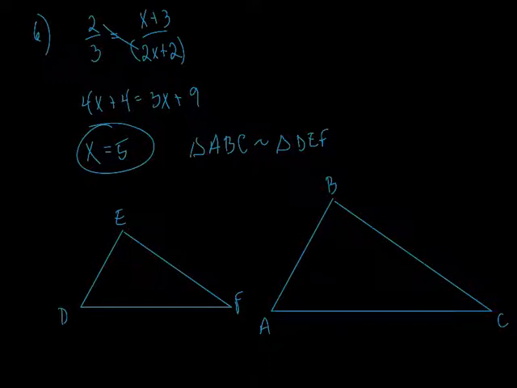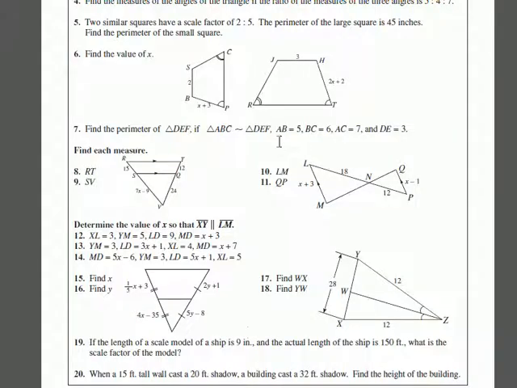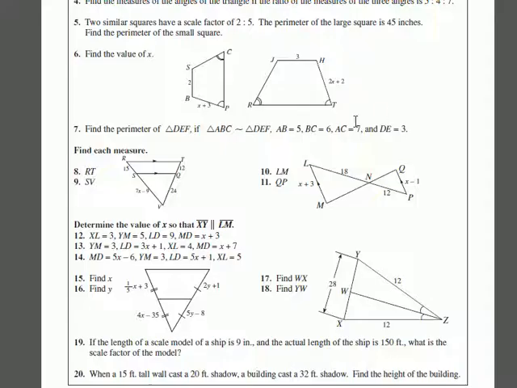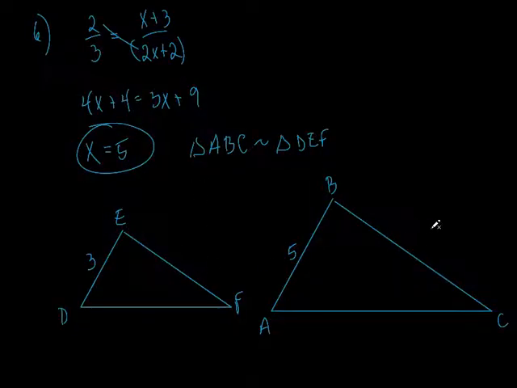All right, so let's put some stuff in there. AB is 5 and DE is 3. BC is 6. And it also said that AC was 7, correct?